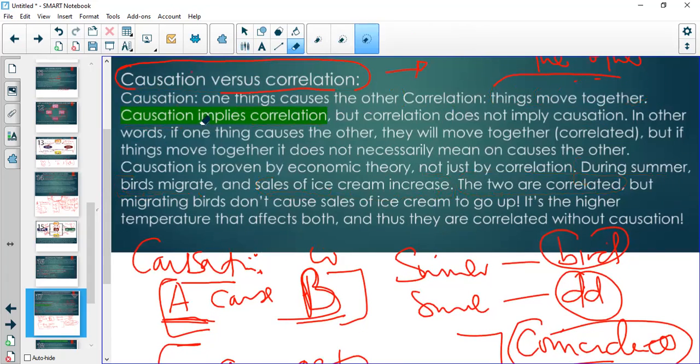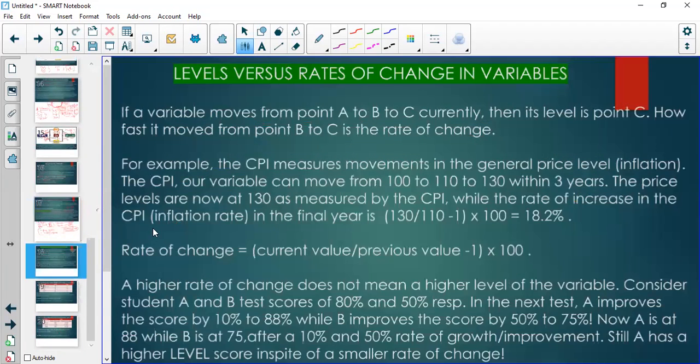This statement is very important: causation implies correlation, but correlation does not imply causation. So things can be connected, but it doesn't mean one caused the other, or that one is a result of the other. They could be correlated, but once one thing causes the other, they will always be correlated. But if we start from being correlated, we cannot necessarily imply causation. So remember that.